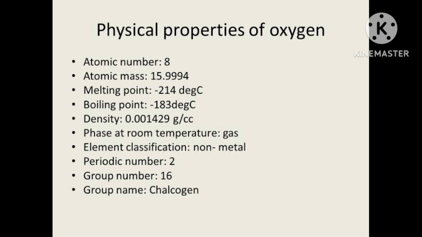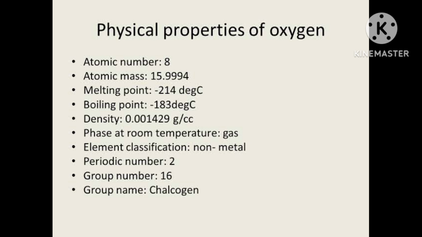Here decomposition of oxide of metals low in the electrochemical series. That oxide should be low in the electrochemical series and higher oxides of some metals that will give oxygen gas.